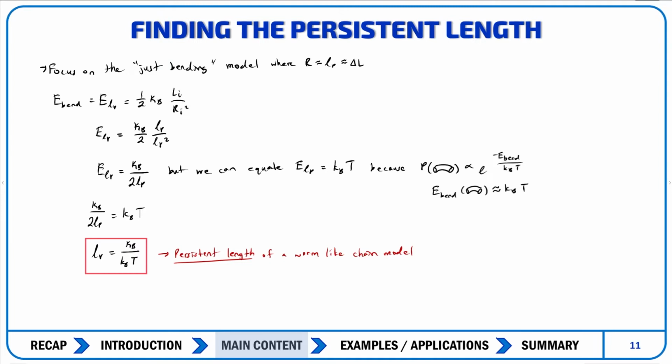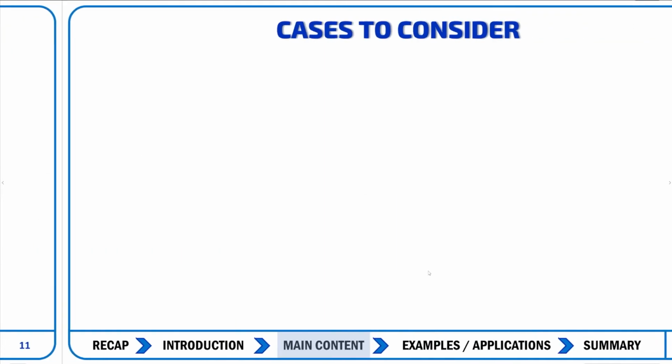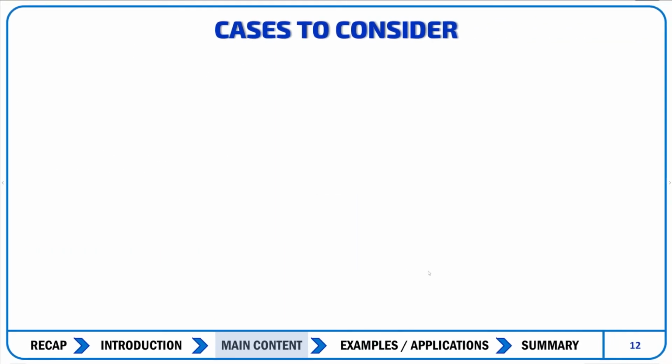Okay, so next, we've gone through all different methods of calculating different components of the worm-like chain model and its parameters. Now I want to move on to different cases we should consider.